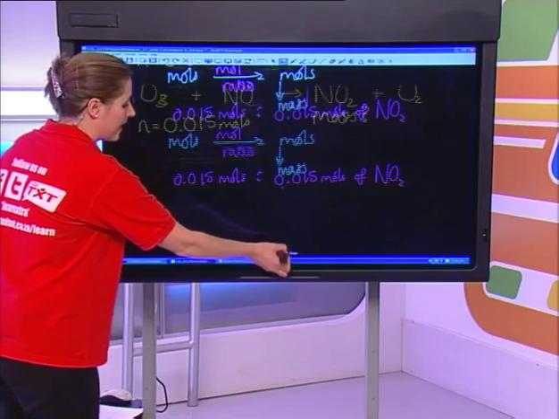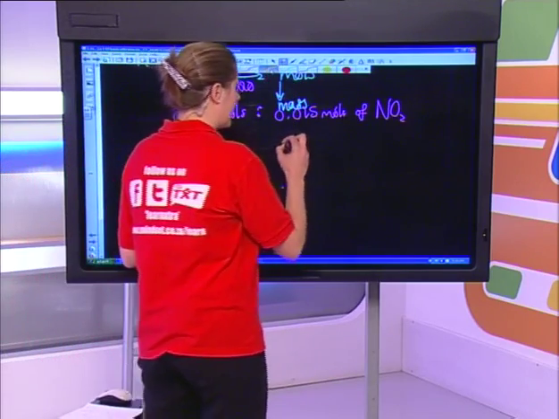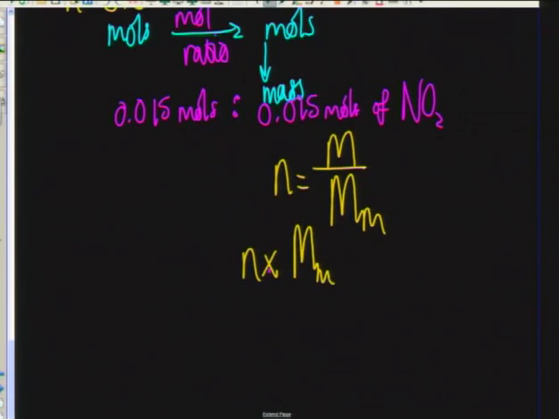In the same way, now I'm going to work out the molar mass, because I want to use this equation. Number of moles is equal to mass over molar mass. Let's rearrange it. Number of moles multiplied by molar mass is going to give me the mass of the substance.